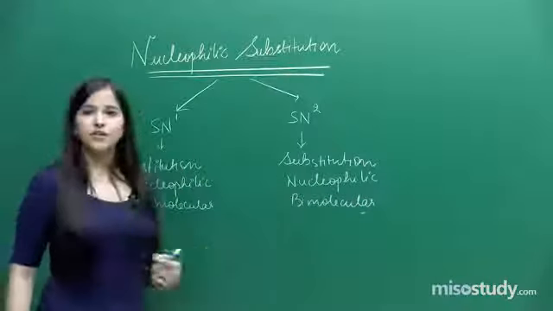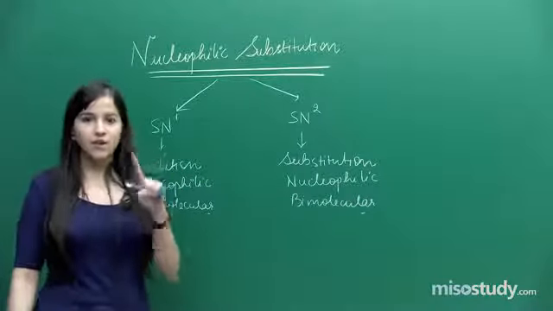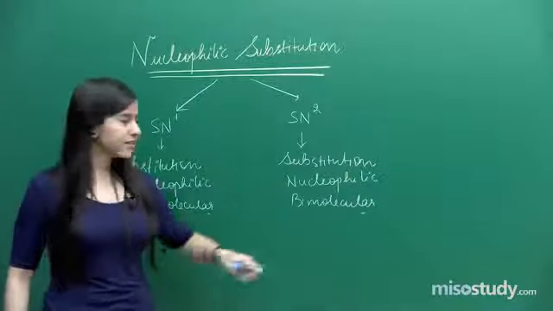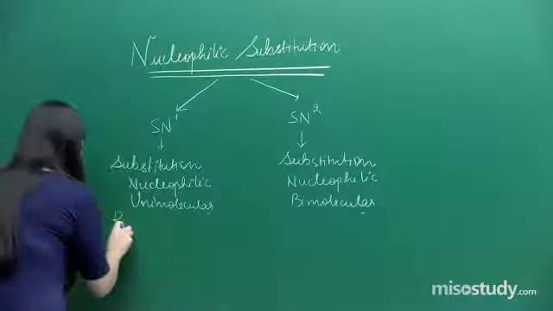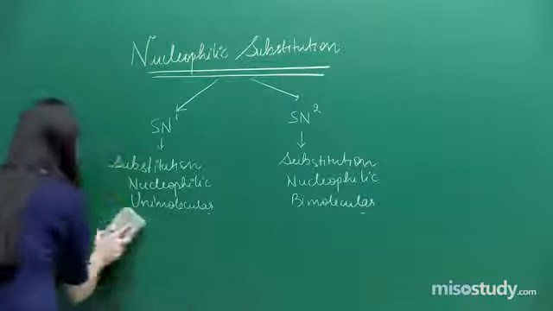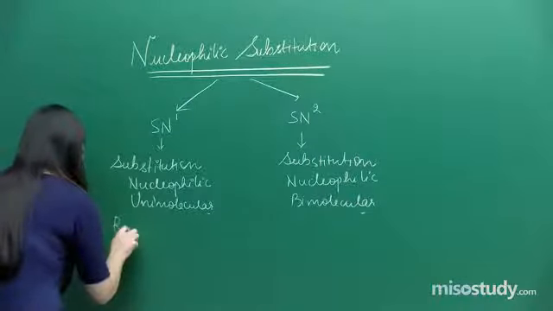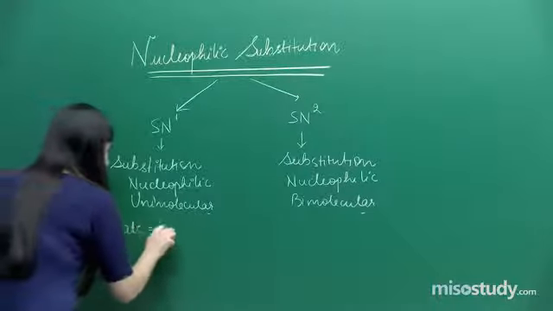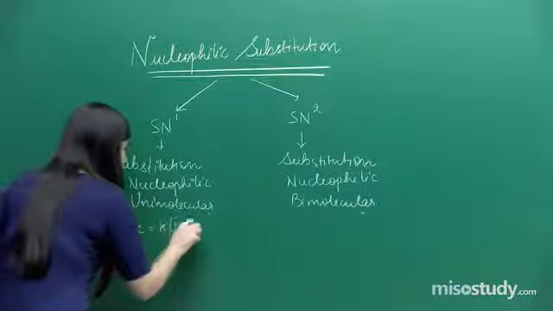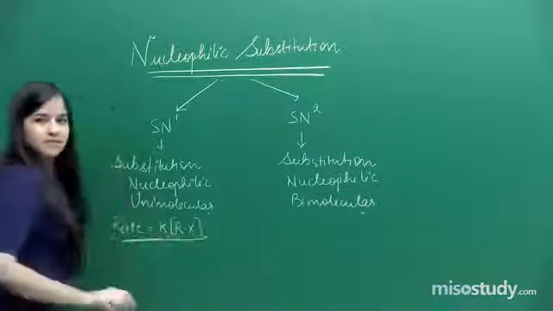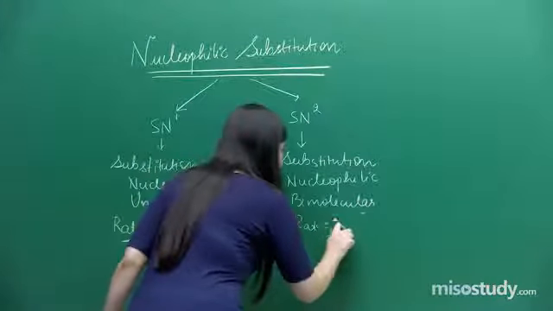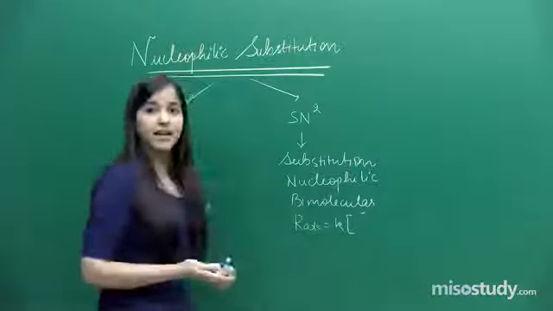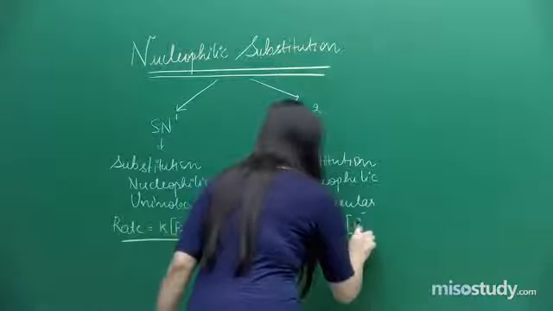Uni because it stands for 1, that is, the order for the rate equation is 1. Here the order for the rate equation is 2. So here the rate depends upon the concentration of the alkyl halide, right? And here the rate depends upon the concentration of the alkyl halide along with the nucleophile which is taken.